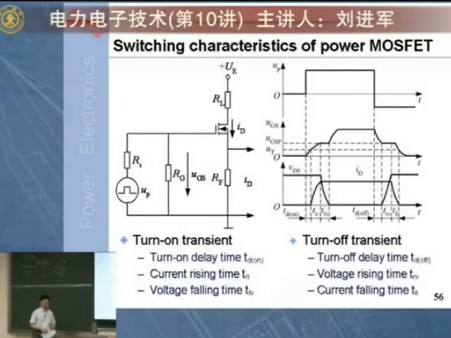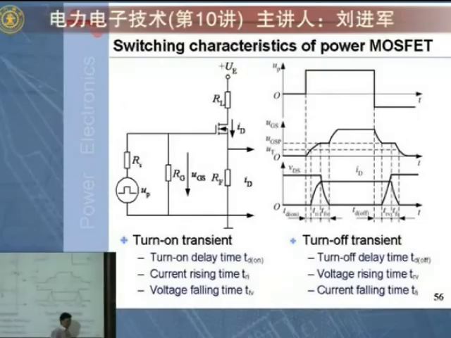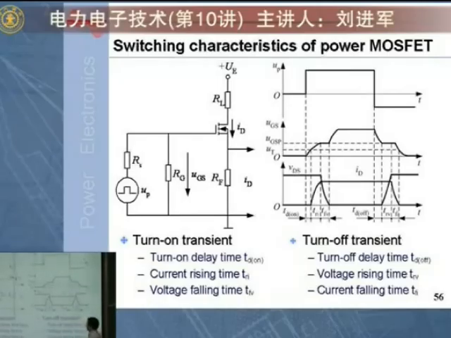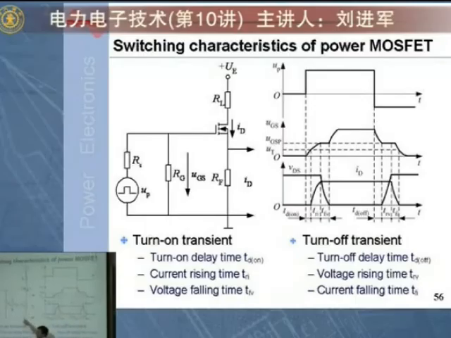Switching characteristics. This is a little bit different from GTR. You can see that in this waveform, the upper one is the voltage you generate to apply to the gate, between gate and source. The second waveform is the actual voltage between gate and source.